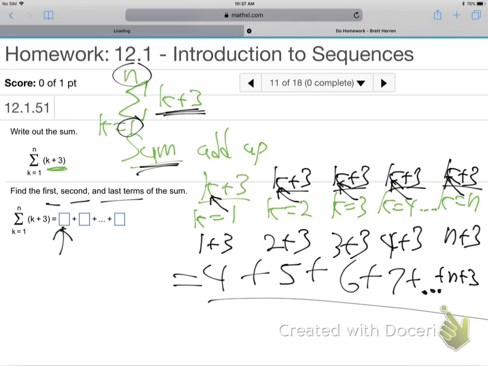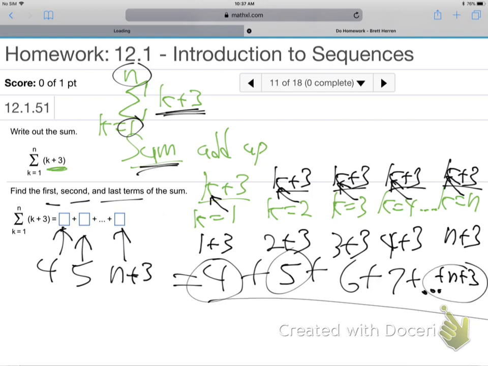So the first term would be 4, the second term would be 5, and the last term is n plus 3. They just want to make sure you know what that thing's saying, that you're speaking its language. We didn't really get an answer, we just said, here's what it's saying. Good on that?